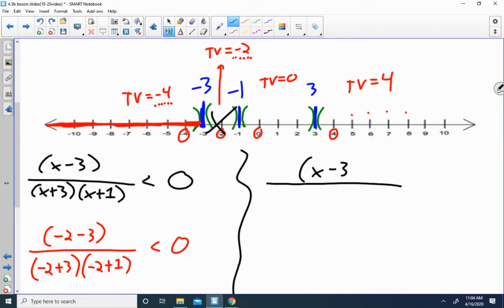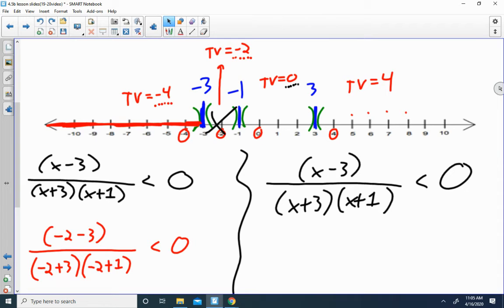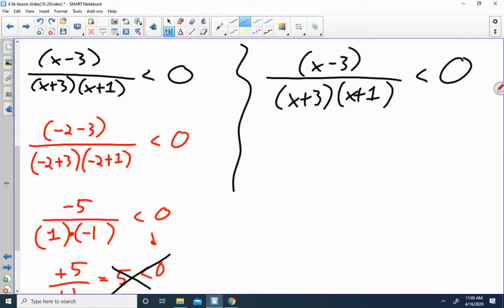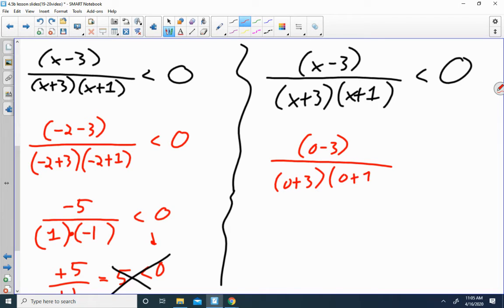So x minus 3 all over x plus 3, x plus 1, all less than 0. And this time, I'm going to plug in 0 and see what happens. Plug in 0, you get 0 minus 3, 0 plus 3, 0 plus 1, still less than 0.